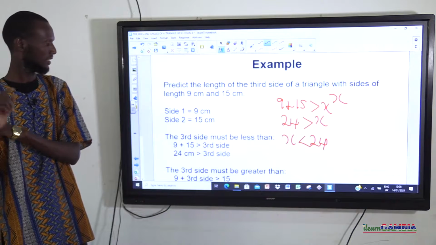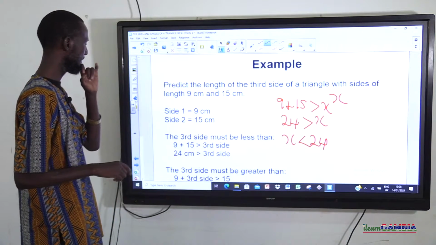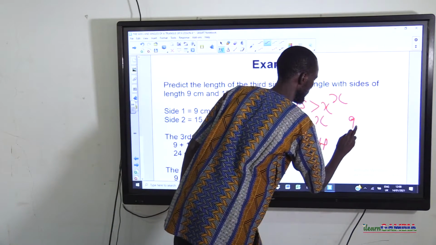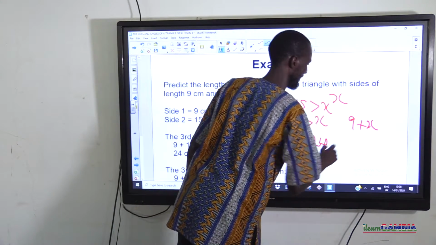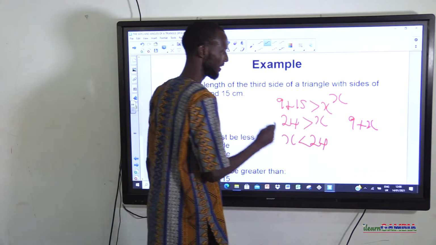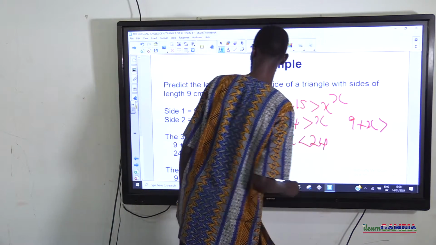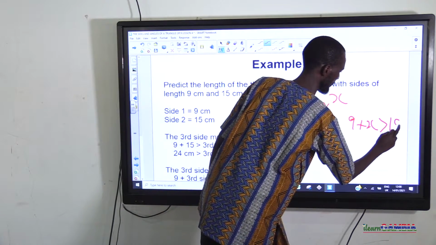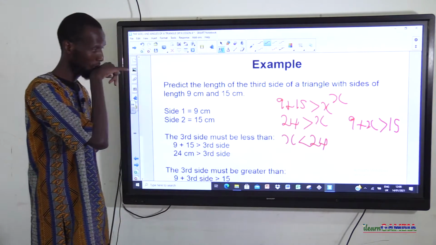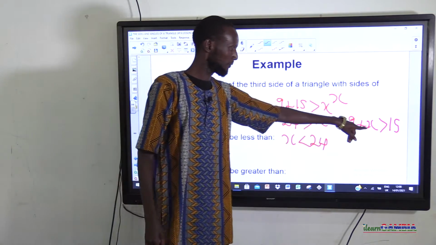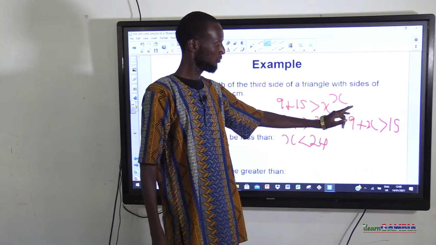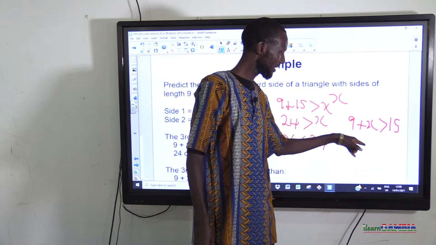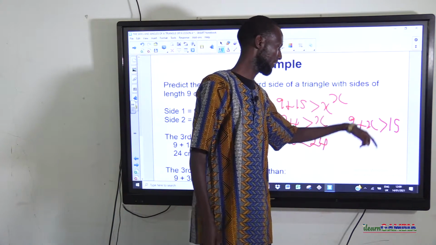One condition met. Now, if we take the first side, that's 9, plus our third side, which is x, that again has to be greater than the other side, which is 15. For this to be true, what can you possibly put here?